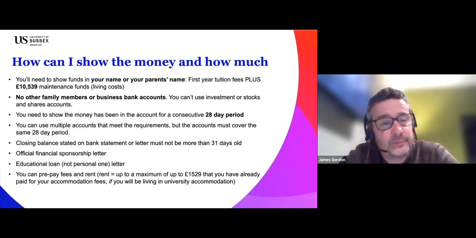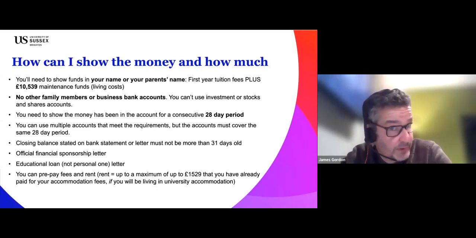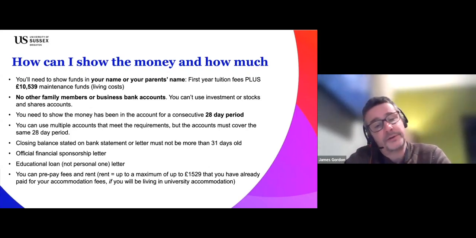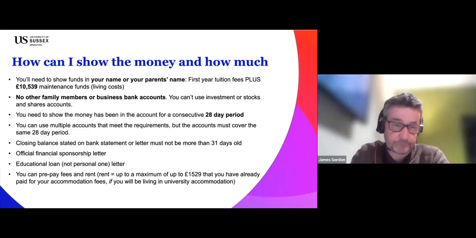So you might be sponsored by a scholarship agency or your home government, where they give you a certain amount of money for your tuition fees. They may pay all your tuition fees, and they may also give you a certain amount of money for your living costs in the UK. So you can also use that evidence to meet the financial requirement. And if you are being officially financially sponsored, then you will have a letter from your sponsor.